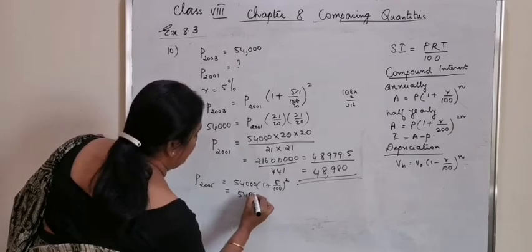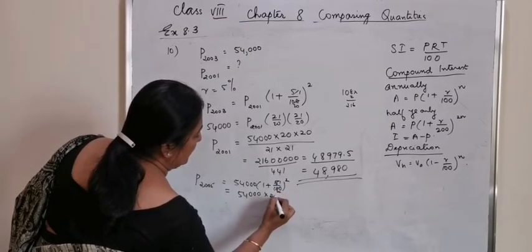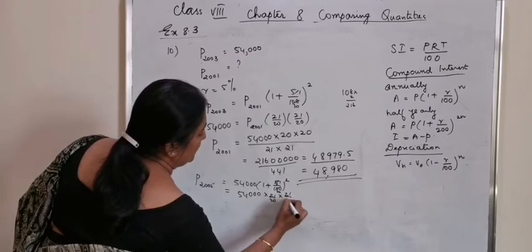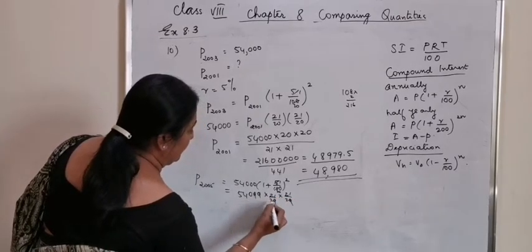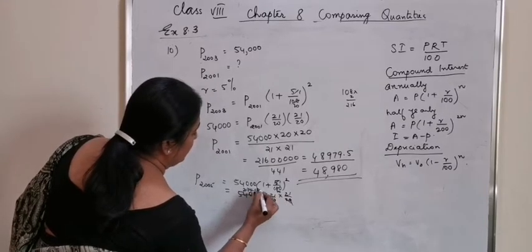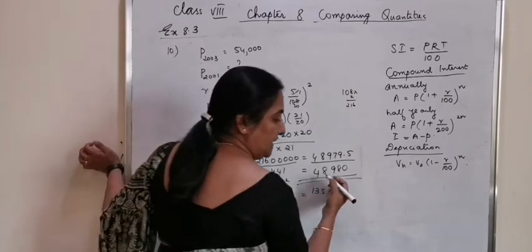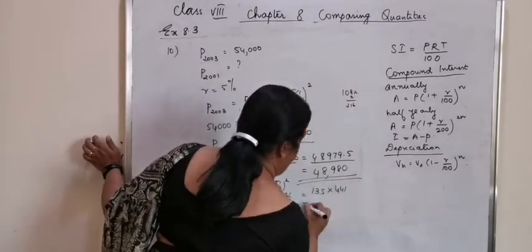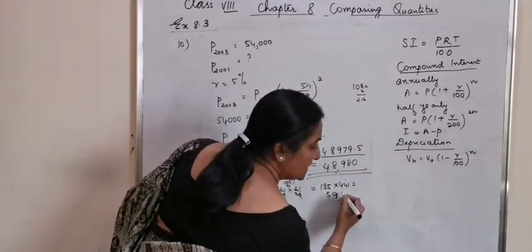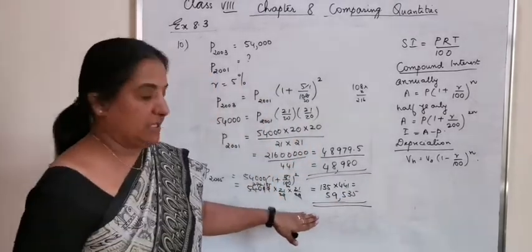That is 54,000 into 21 by 20 into 21 by 20. 54,000 by 2 is 270, by 2 is 135. That is 135 into 441, which is 59,535. You can multiply and check your answer.